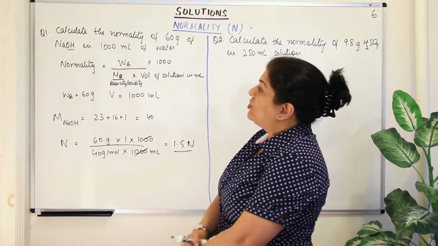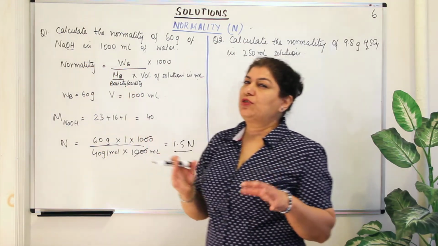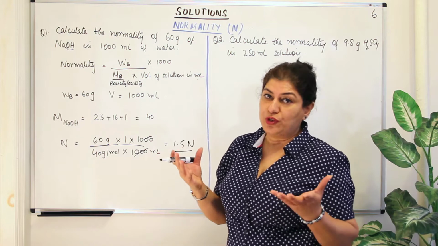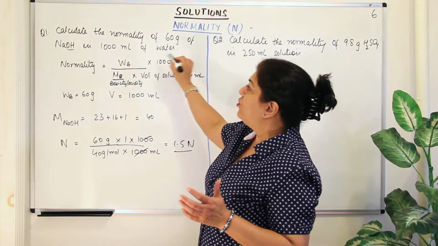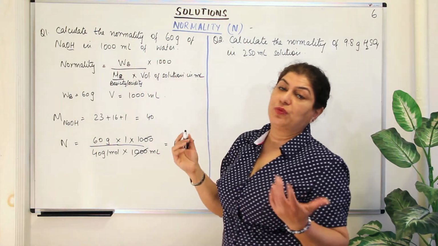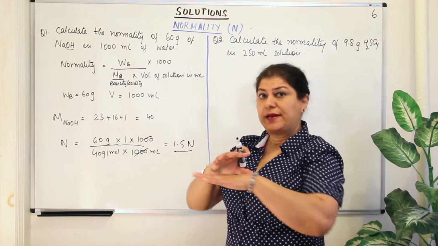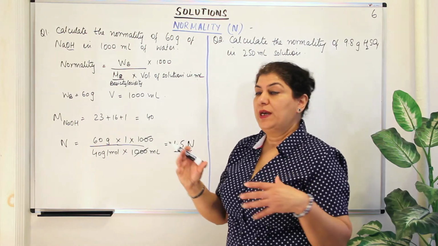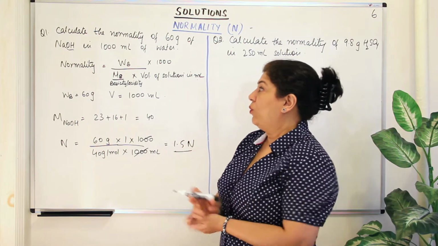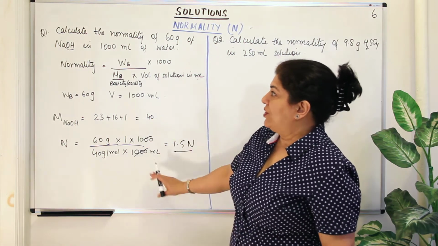And since we are adding a solid to water, there is not much of a difference that will occur in the volume of the solution. Therefore, we assume the volume of the solution to be the volume of water, assuming that the sodium hydroxide which has been added would disperse in the same volume in the intermolecular spaces of water. So that was question 1.